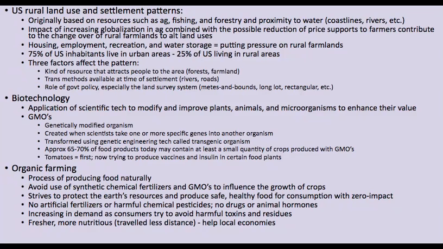The other thing about organic farming is it's a lot about sustainability. Again, trying not to hurt the environment to produce food. So it's protecting the Earth's resources, and it produces safe food for consumption with zero impact. There's no fertilizers getting into the ground, no pesticides getting into the water, and no drugs or animal hormones.